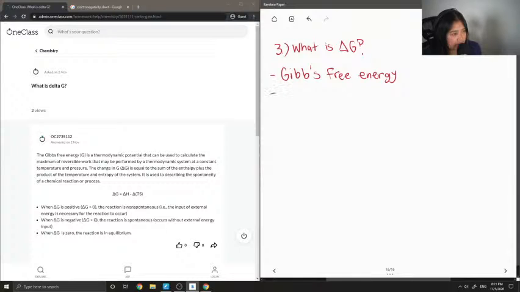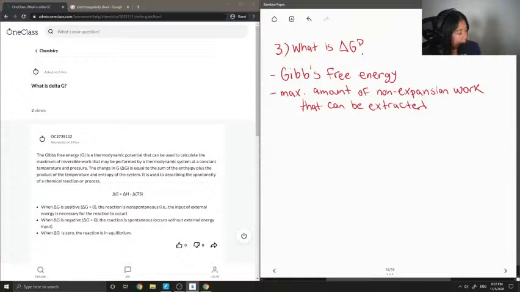And what this means is that it is the max amount of non-expansion work that can be extracted from a thermodynamically closed system.